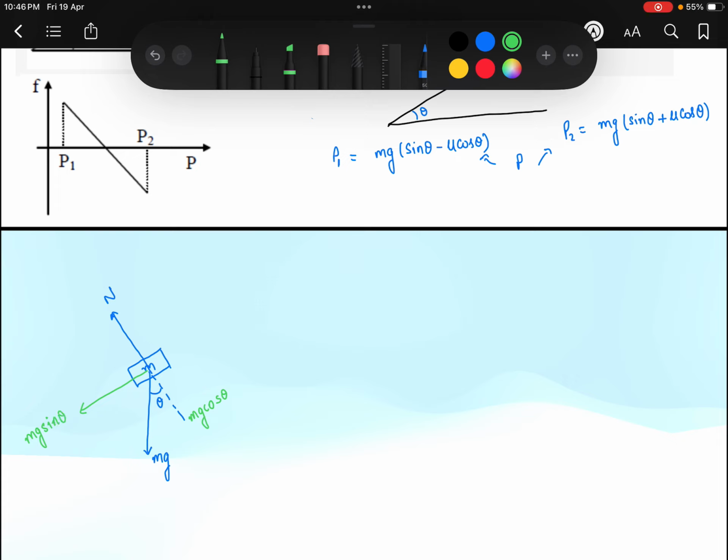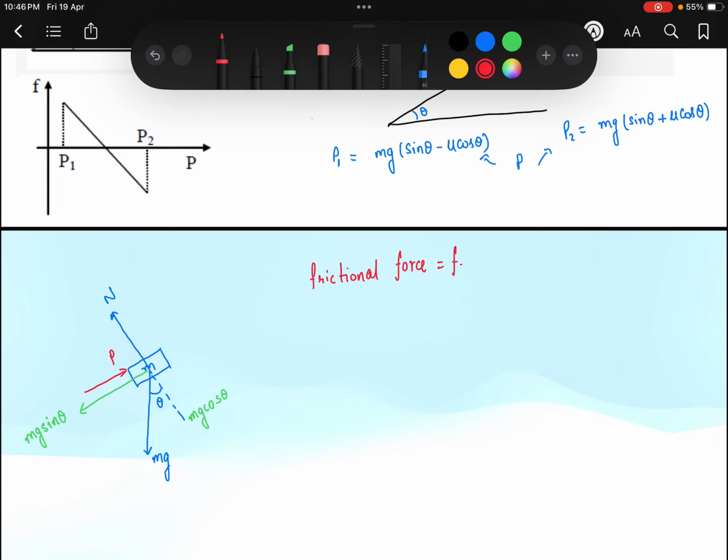Okay, one more force is acting, that we have applied in the upward direction, P. Okay, and one more force is there, that is the frictional force. Let us suppose frictional force is equal to F.